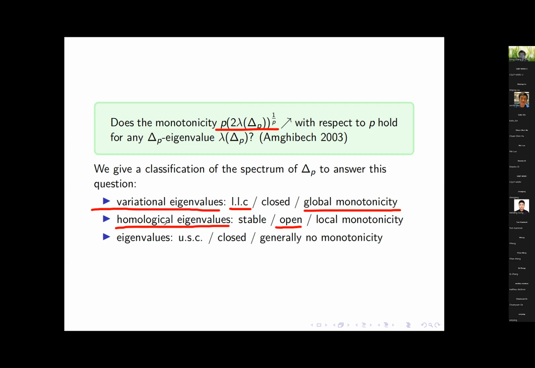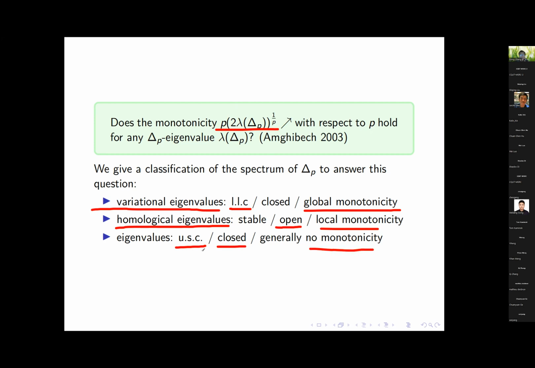But the homological eigenvalues satisfy the local monotonicity of this function for some p. Okay. And the whole spectrum of the p-Laplacian is semi-continuous, and of course closed under taking limits, but in general it has no monotonicity.